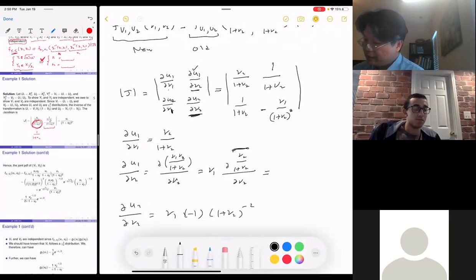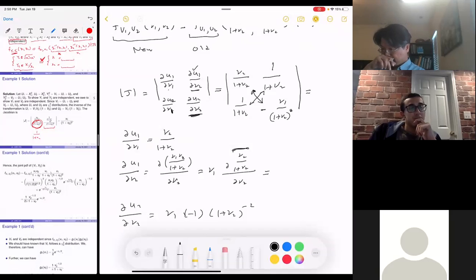Okay, and then you guys remember how to do the determinant of a 2x2 matrix, right? I'm assuming you know that. Then right here is nothing but this times this, and then minus this times that.